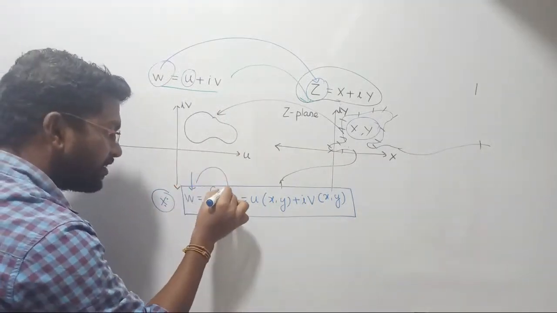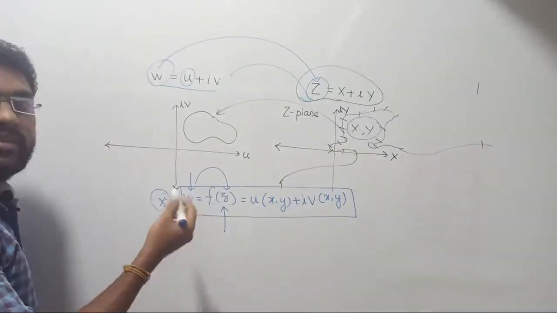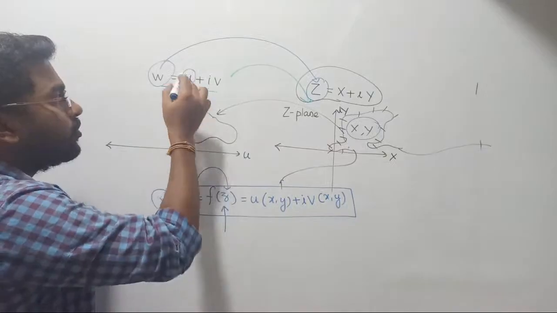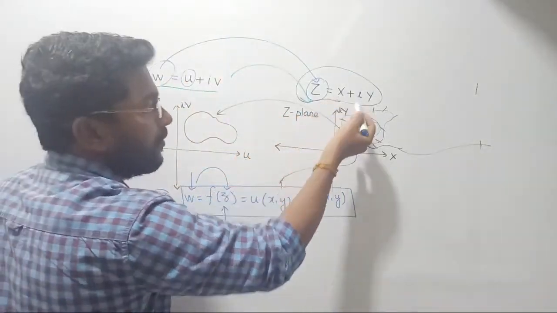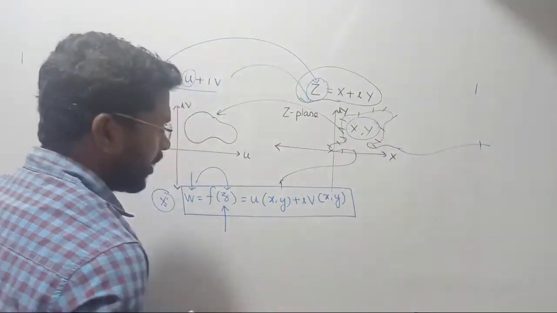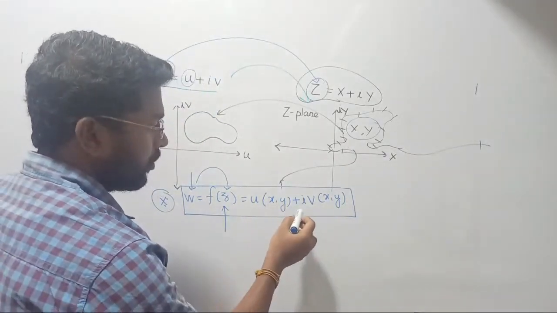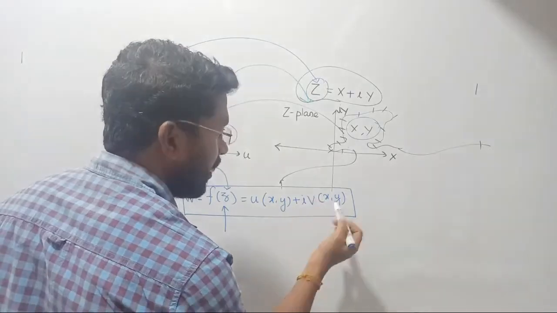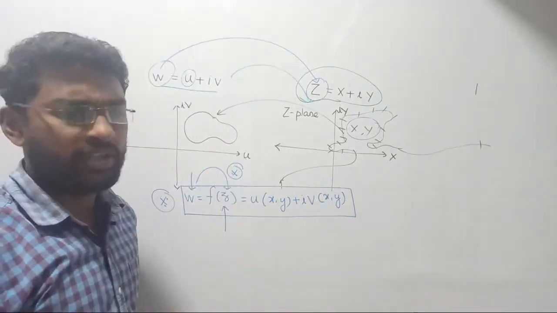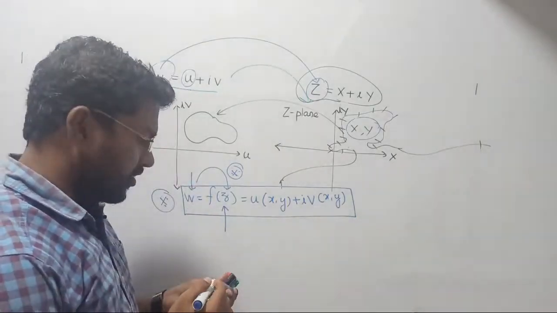So W always depends on the value of Z, such that its inner parameters, U and V, also depend on the values of X and Y only, right? From this, the conclusion is that we can define it like this: u of x comma y plus i times v of x comma y. That's all clear. That is how we are defining a certain function. I hope things are clear to you all, right? Let's continue our journey with this.